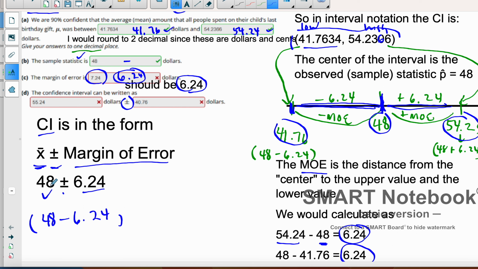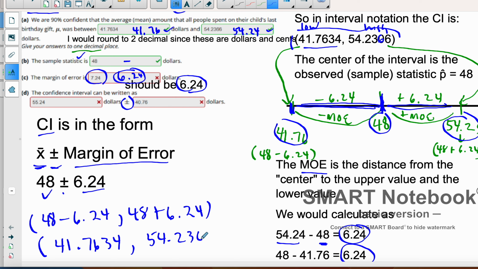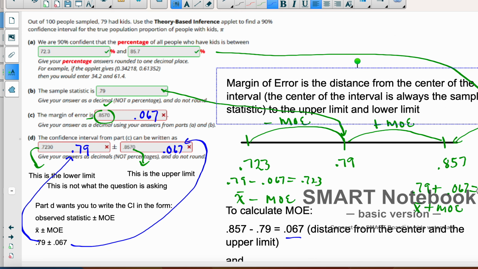The upper end is 48 plus 6.24, which would give you exactly what you got out of the tool, 41.7634, 54.236.